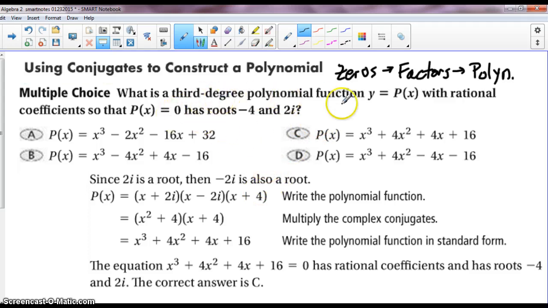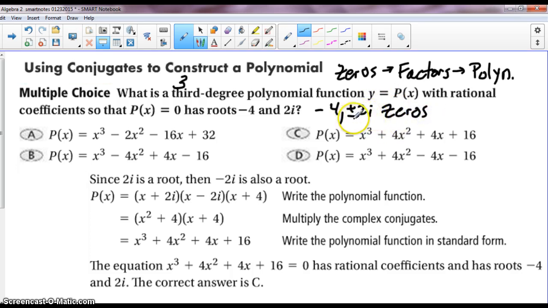So it says, what third degree polynomial function, in other words, we're going to find three solutions here, has the roots of negative 4 and 2i? Well, we get negative 4 and we get 2i, but remember, we get the third one. If this is imaginary, we know what the other one's going to be. It's going to be negative 2i. So we've got negative 4 and plus or minus 2i. These are the zeros, or roots.